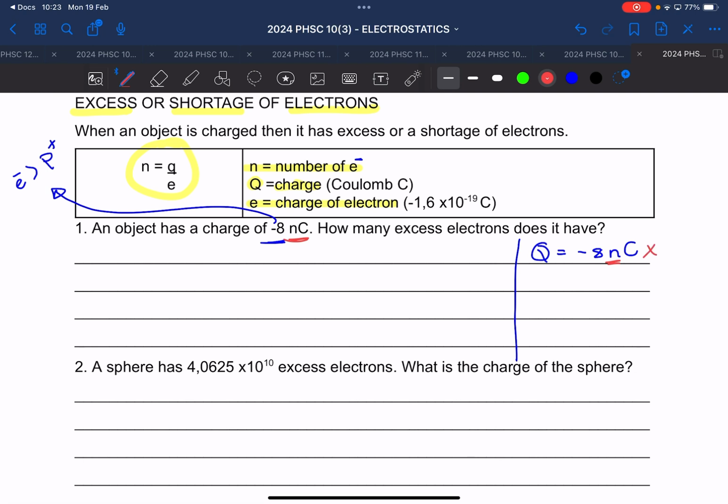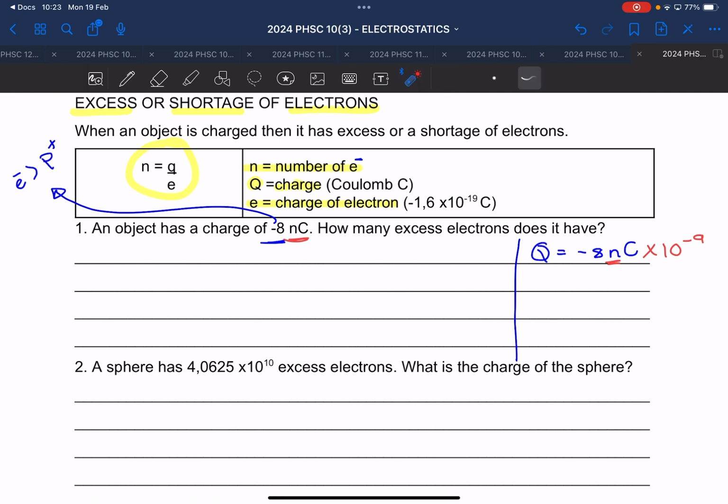How do we go from nano to normal? Look at the top of your page. Times 10 to the power of? To go from nano to coulomb. To the power of -9, because you're going that way.